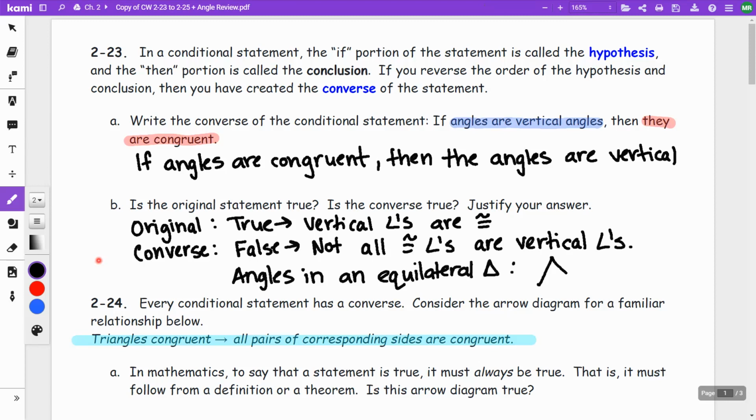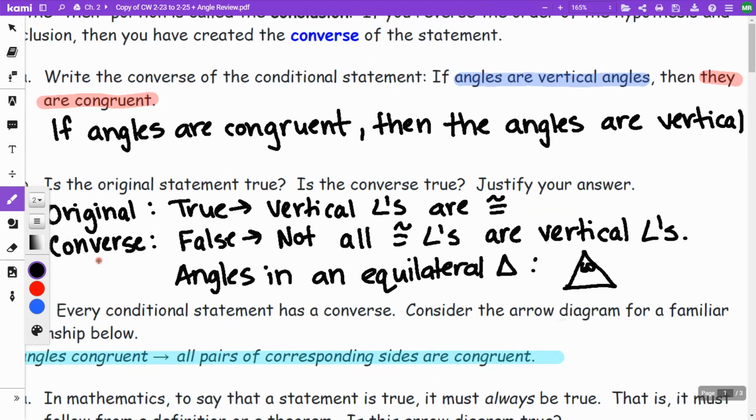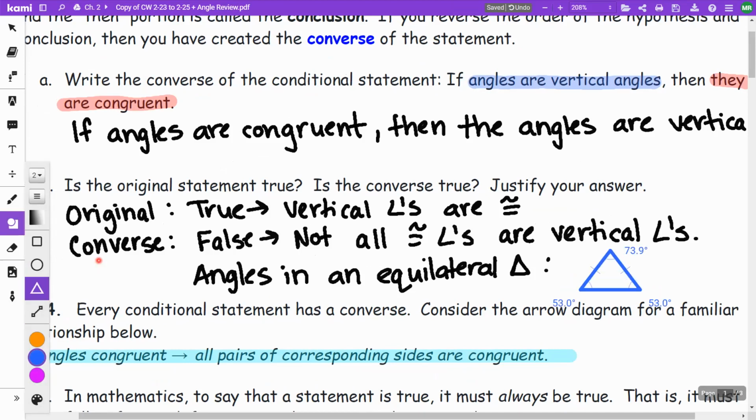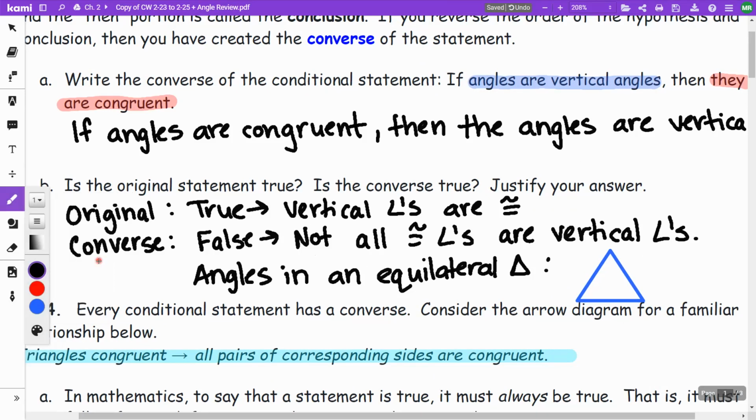They are congruent. They're each 60 degrees. Let me make this a little bigger here. And maybe I'll just actually use the triangle symbol here. Okay. And you would have this one is 60 degrees, this one is 60 degrees, this one is 60 degrees. Those are congruent, but they are not vertical, right? So that would be like a counterexample.